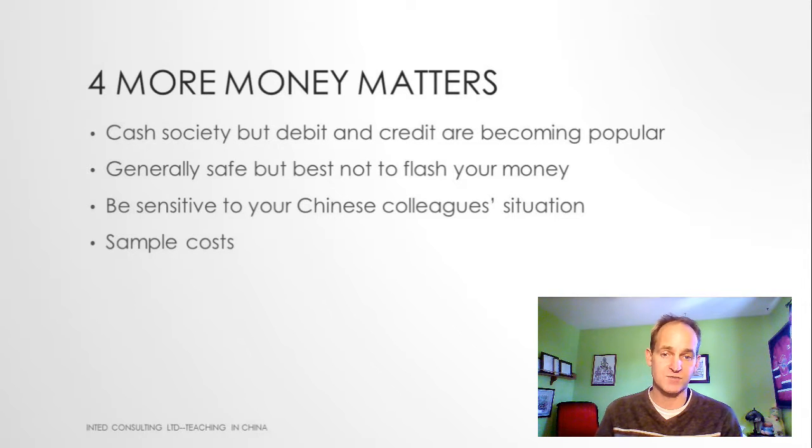China, again, is very safe. You've probably already done your research on that. And you will see lots of people handing out cash, and nobody seems too concerned about it. But as a foreigner, again, it's just best not to flash your money around. So you're probably going to be carrying lots of cash often. Just keep it hidden in a pocket. I never worried about wearing a money belt or anything like that.